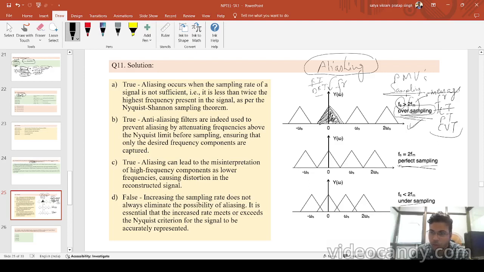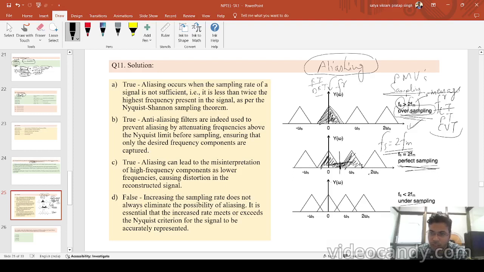Perfect sampling is related to the boundary, because if a certain disturbance happens, then this message signal, which is at the right side, and which I am drawing on the left side, can intermix. So if Fs is 2 FM, that is a perfect sampling condition.